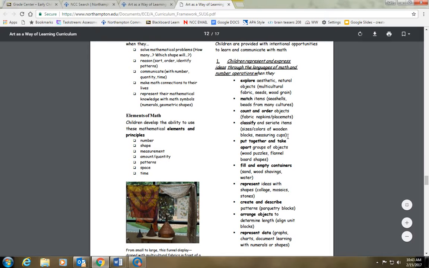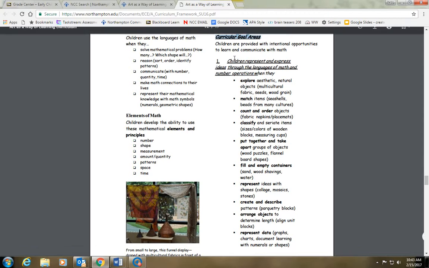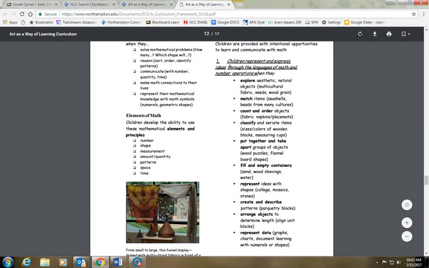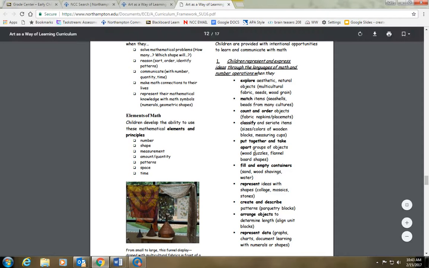So that depends on what your lesson is. And if I'm painting, I might say, well, I'm going to focus on children will represent and express the language of math and number operations when they represent ideas with shapes, when they create and describe patterns. If I'm painting with different shapes, then both of these things would be opportunities.